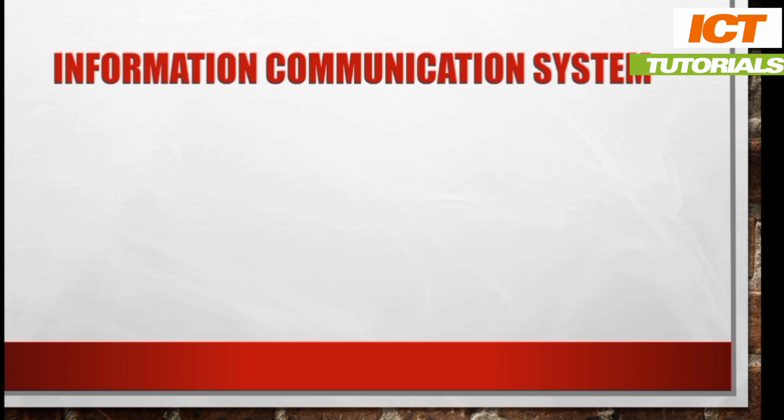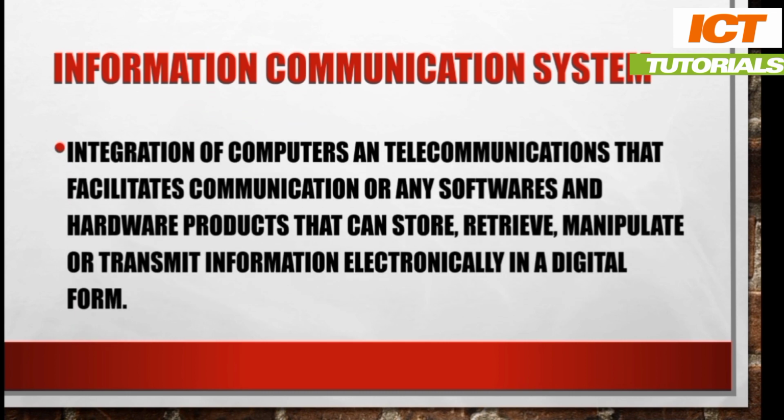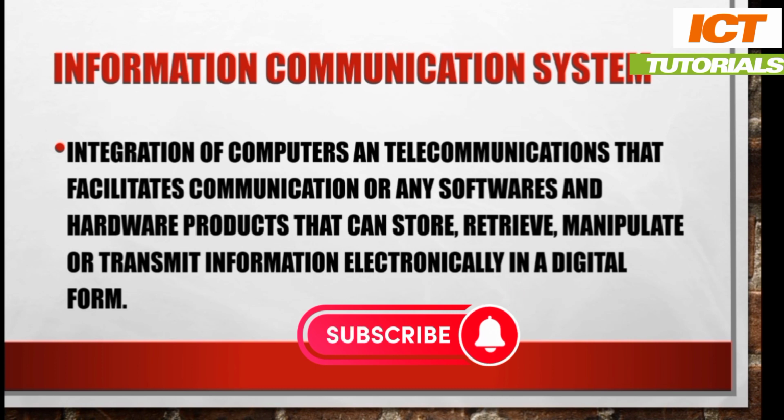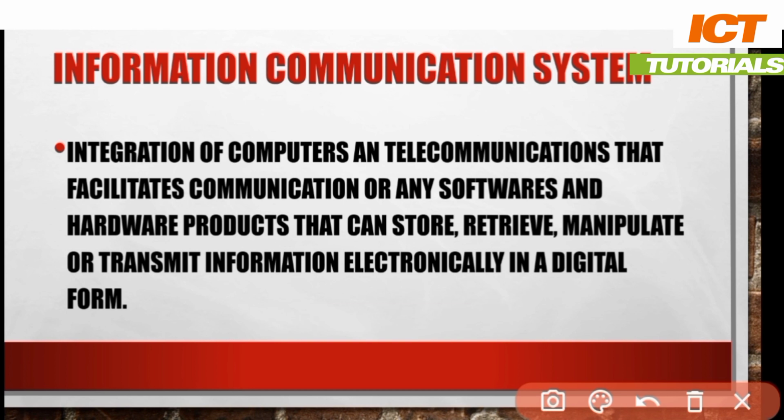So I'm going to define information communication system. What is information communication system? It is the integration of computers and telecommunication that facilitate communication. So integration of computers and telecommunication devices. So when computers are joined together to facilitate communication, or any hardware or software product that can store, retrieve and manipulate or transmit information electronically in a digital form.